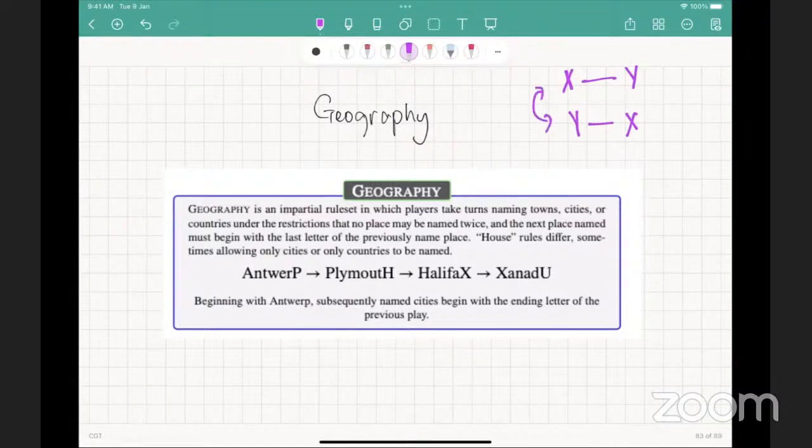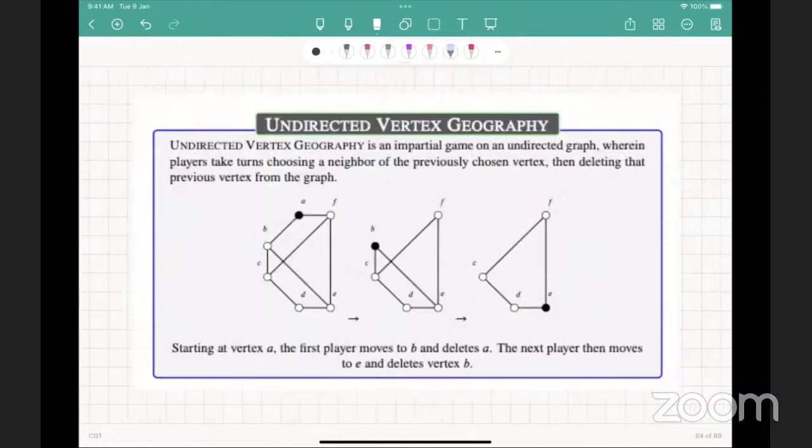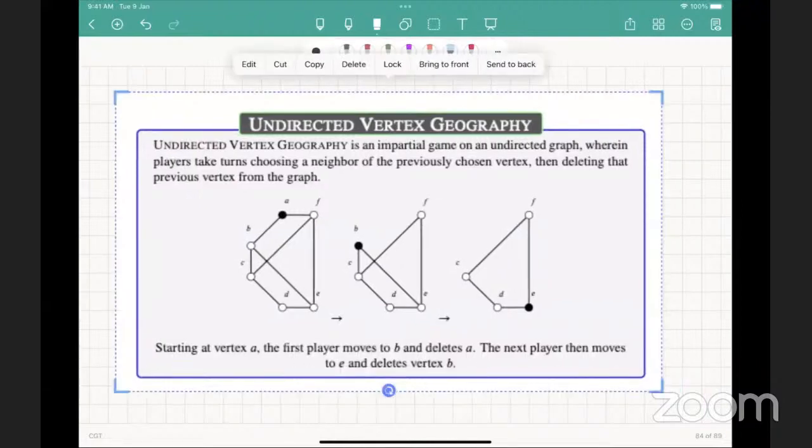You can go from the first word to the second, or from the second word to the first. So having edges being directed accounts for this more general model of the game that we are coming from. And the other option is to do, instead of vertex geography, edge geography, where instead of knocking out a vertex in every round, you are picking an edge. So we'll come back to both of those in a moment.